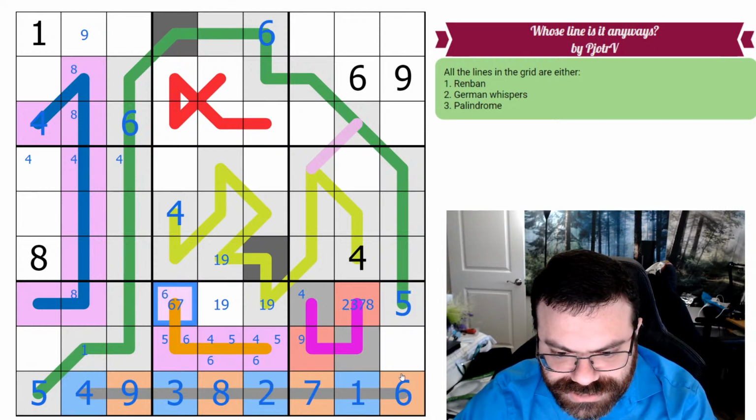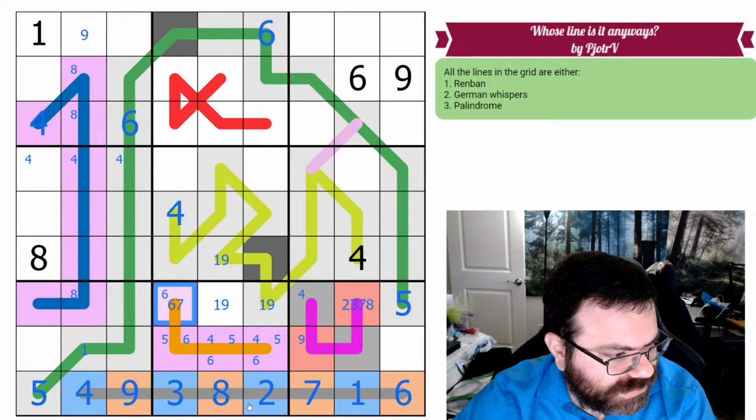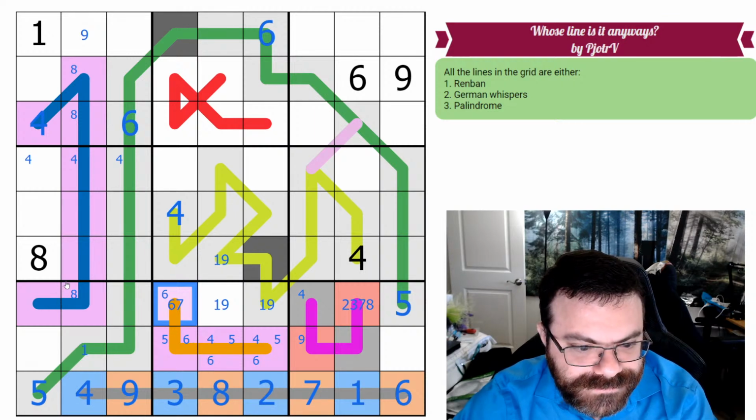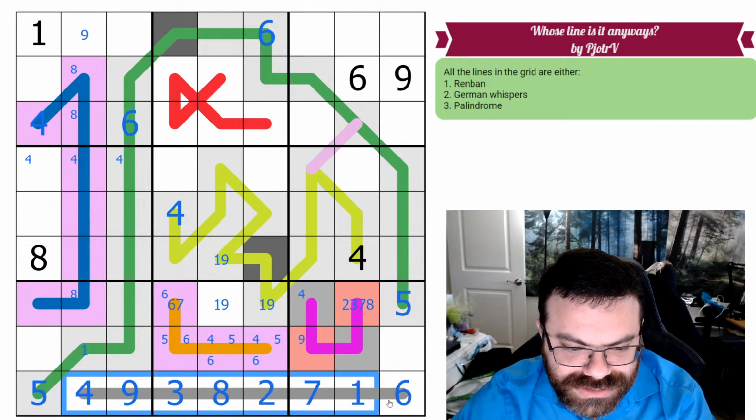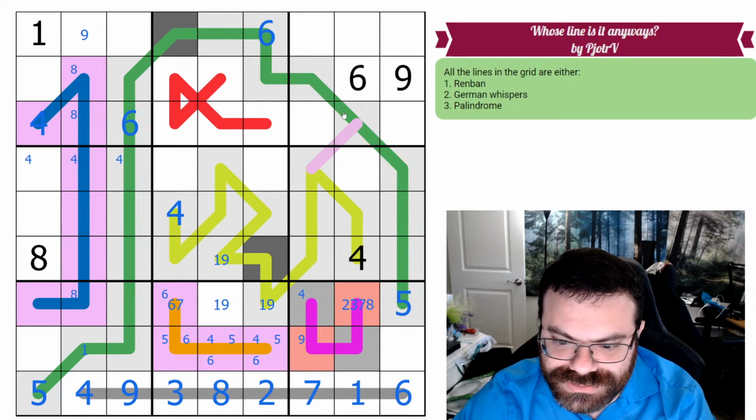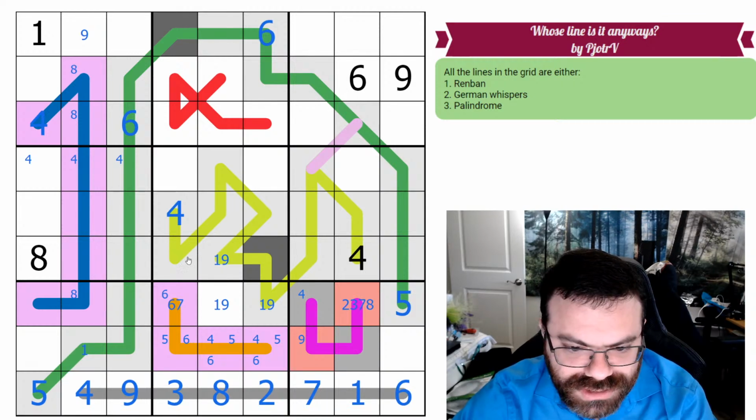We can clean up a lot of this. I'm gonna clear out colors as I don't need them because it really disturbs my scanning otherwise.